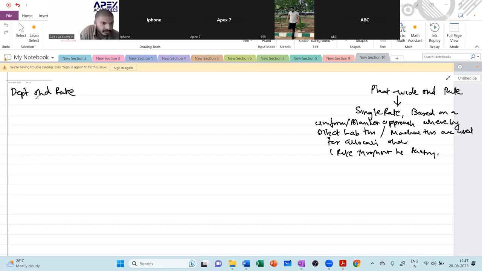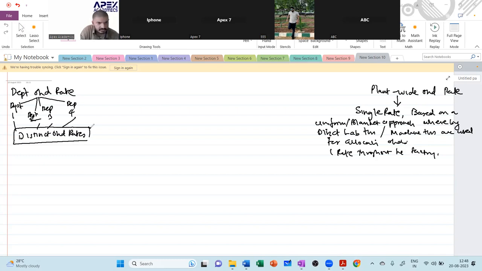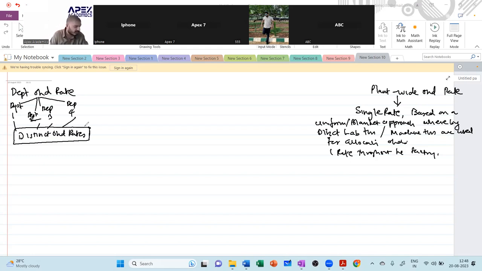What is departmental overhead rate? Each department, department 1, department 2, department 3, department 4, will all have their distinct overhead rates.